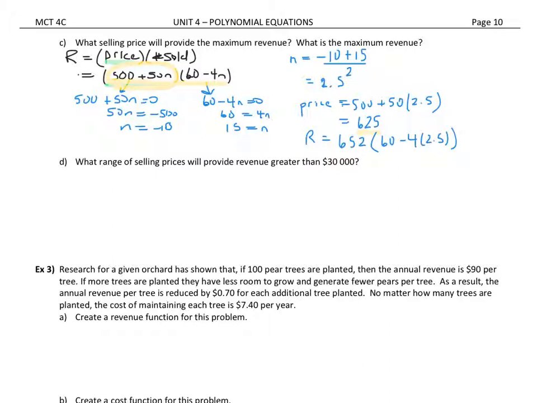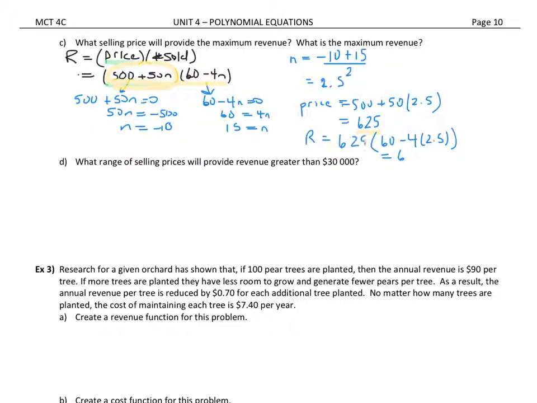Okay, so 60 take away 4 times 2.5. There we go. I'm not doing all that much better here. So that's going to give us 50, I wrote 52 there. Goodness. I think I still need a little more sleep here.